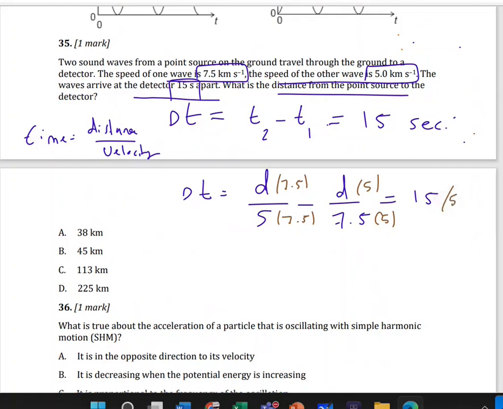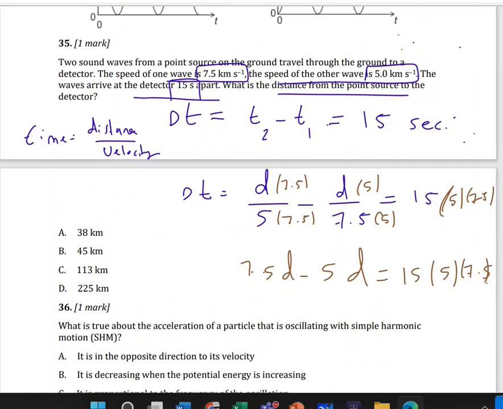So I multiply both sides by 5 times 7.5. Here we have 7.5d minus 5d, which will equal 15 times 5 times 7.5.